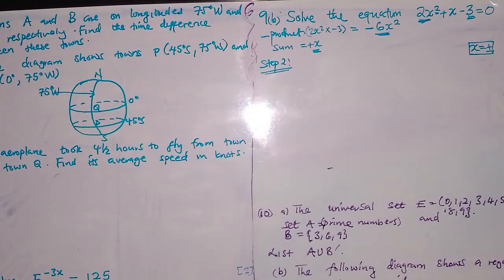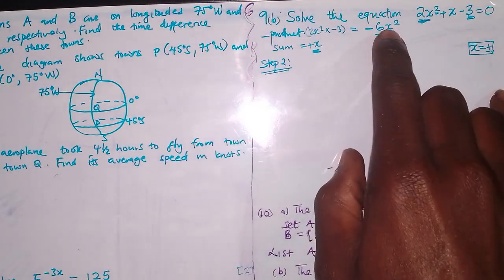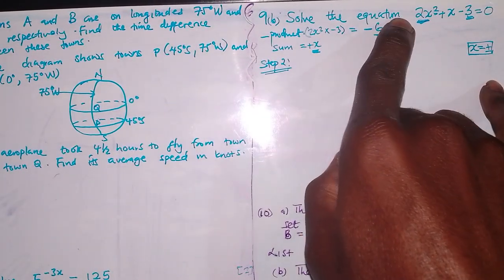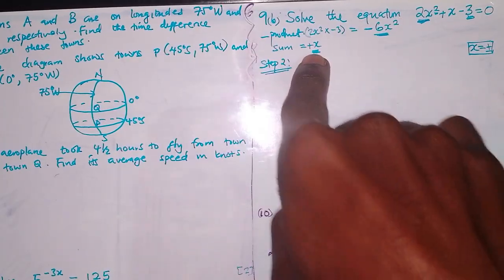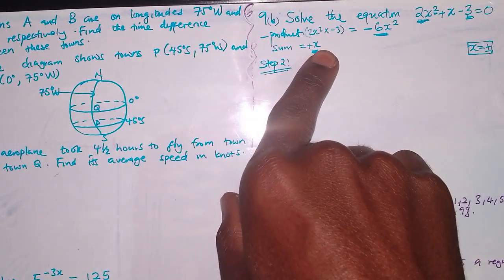Your step 2 now is to find the common numbers. You have to find numbers which, when you multiply them, give you negative 6x squared, and when you add them, give you positive x.